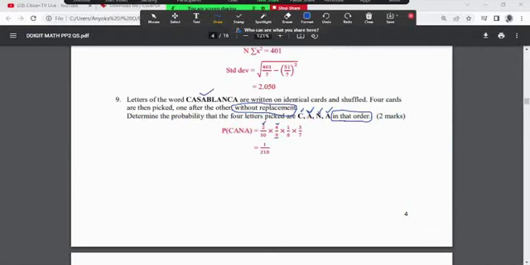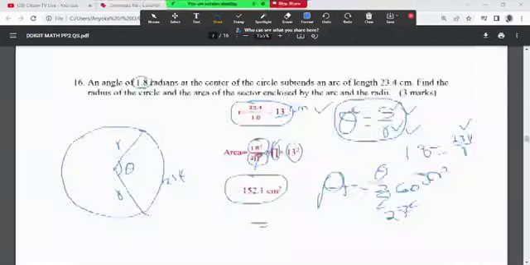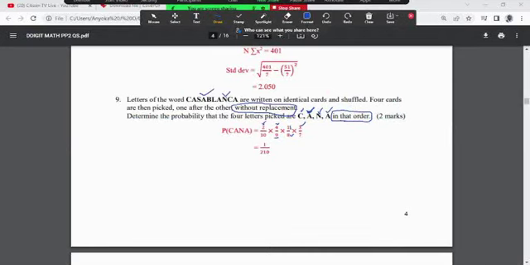Then picking an N. How many N's are there? We only have 1 N, over the number of cards remaining, 8, because we have taken 2 cards so far. Then A. How many A's are there? 4, but we have taken 1 A, so the cards remaining bearing A are 3.